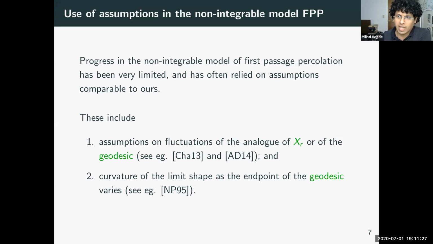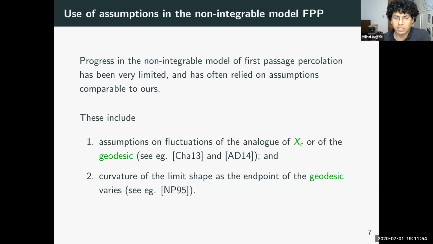So progress in FPP has been much harder than LPP because of a lack of these connections to representation theory and similar formulas. And much of the progress in the last maybe two decades has been after taking certain assumptions and then seeing what are the consequences of those assumptions. So I'm just mentioning two examples here.